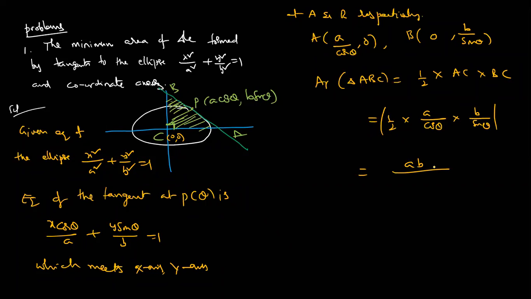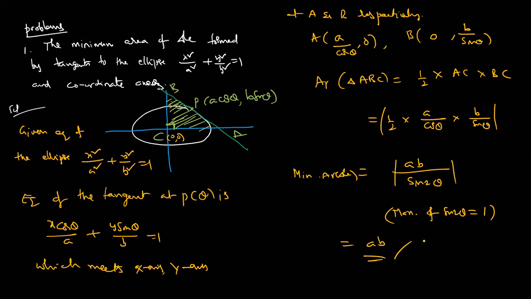So AB by 2 sin theta cos theta, how much? They are asking for the minimum area of the triangle. When is it possible? It should be the maximum of sin 2 theta, which is how much? 1. So therefore, the answer is AB.